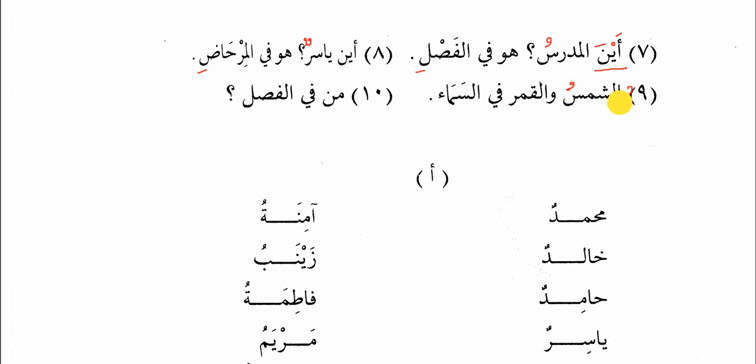And since there is lam tarif, a single haraka. Wal qamari. Now, since this is from the Qamariya letters, what will it be? Wal. From the waw, you will go straight over to the lam. Wal qamaru fi samai. Due to harf jar, it will take a kasra.